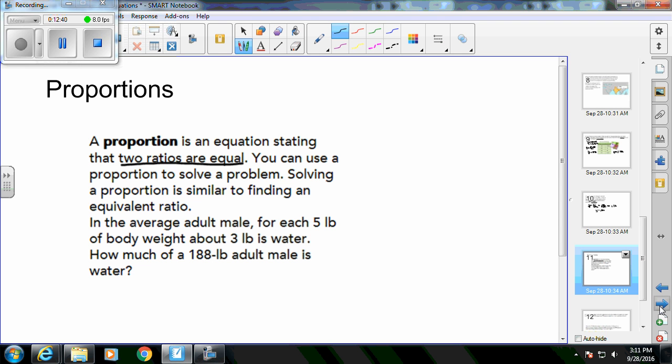So they give us the rate, or the ratio: pounds of body weight for each pound of water. So we have body weight over water. For each 5 pounds of body weight, we have 3 pounds of water.